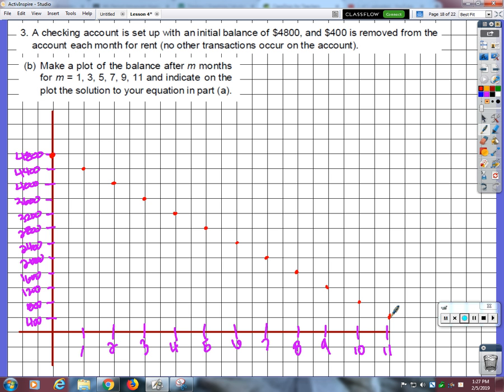Okay, so there's my graph. Make a plot of the balance after M months. 1, 3, 5, 7. Oh, I put too many of them on there. You did it for everyone, so it doesn't matter.